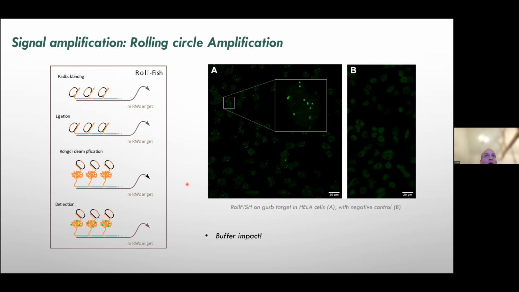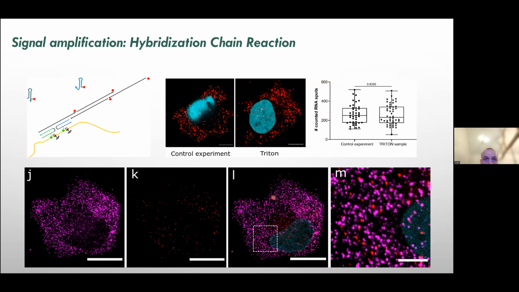And then you have probes that will concatenate and generate the signal. And in this case, you see two targets at the same time, one very abundant and one less abundant signal, and you can clearly pick them up. So this is a first example of multiplexing for RNA with our ligands.